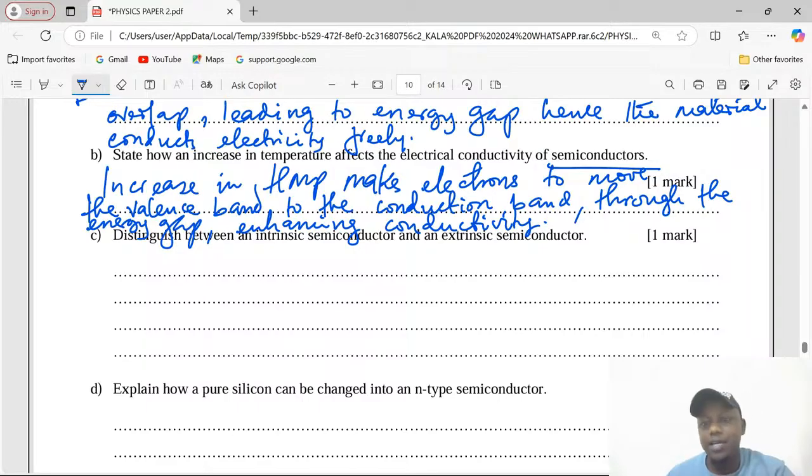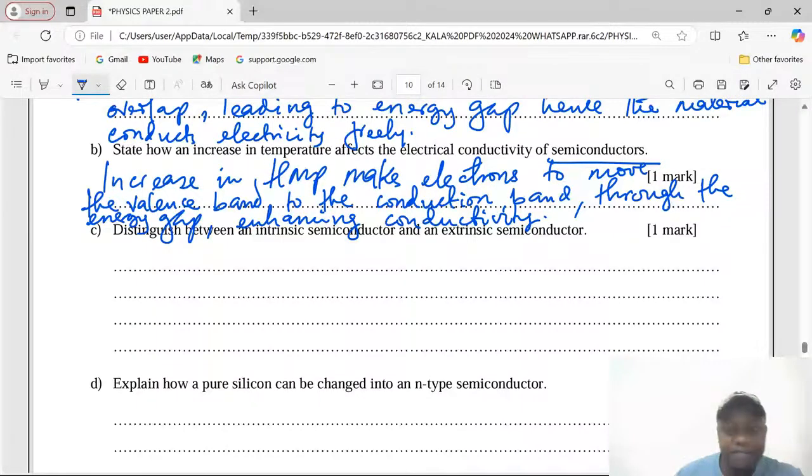That means at normal temperatures, electrons are just settled at the valence band. But once temperatures are increased, those electrons are excited and they can move across the energy gap into the conduction band, and hence conductivity occurs.